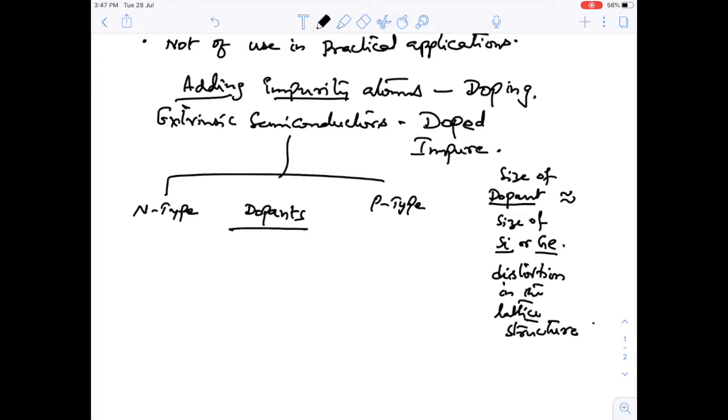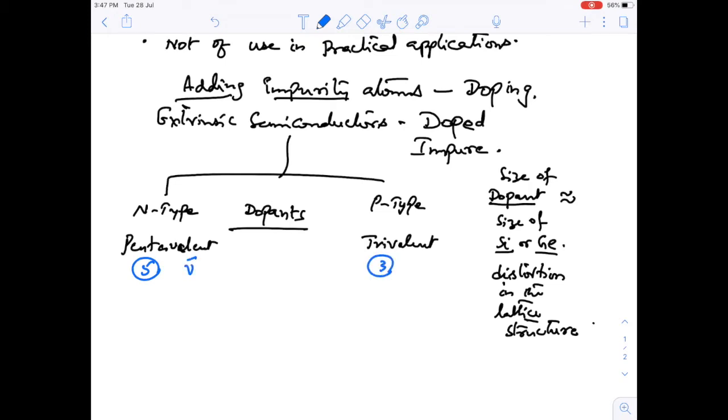The first thing is, in N-type they have pentavalent impurity atoms added, and in P-type they will be adding trivalent impurity atoms. Now, what is a pentavalent impurity atom? It has 5 valence electrons, and a trivalent impurity atom has 3 valence electrons.